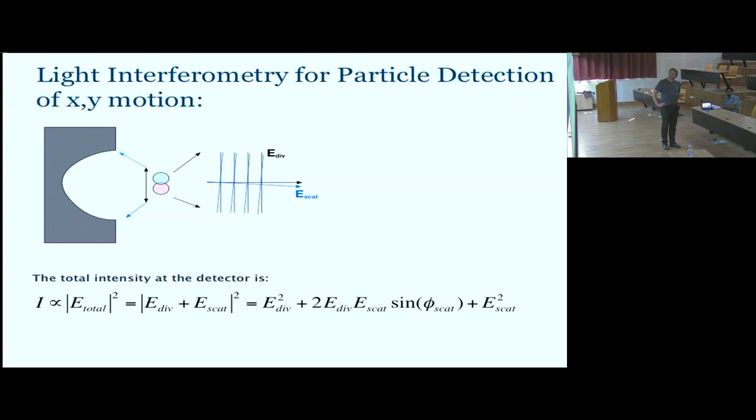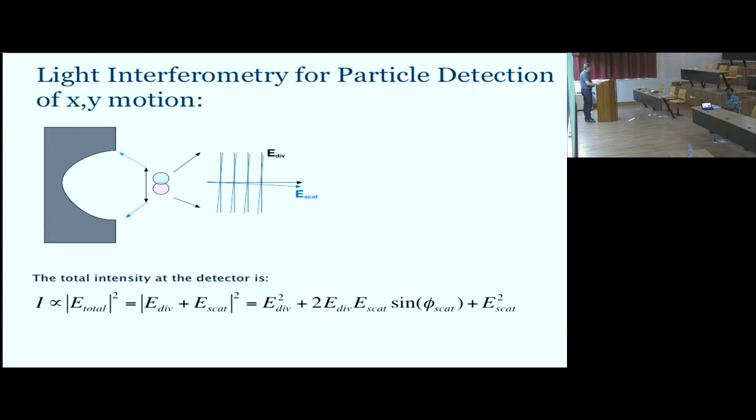That is the same for the oscillation of the particle in this direction as it is for the oscillation in and out of the plane of this board. Then you position your detector where you pick up this phase shift as well, and then you can also measure X and Y positions.